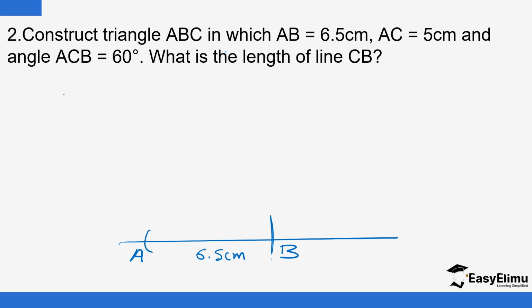So I measure 5 centimeters, and then using A as the center, you simply make an arc. So I don't know where C is going to be. I only know that C is 5 centimeters from A, so I just make an arc.